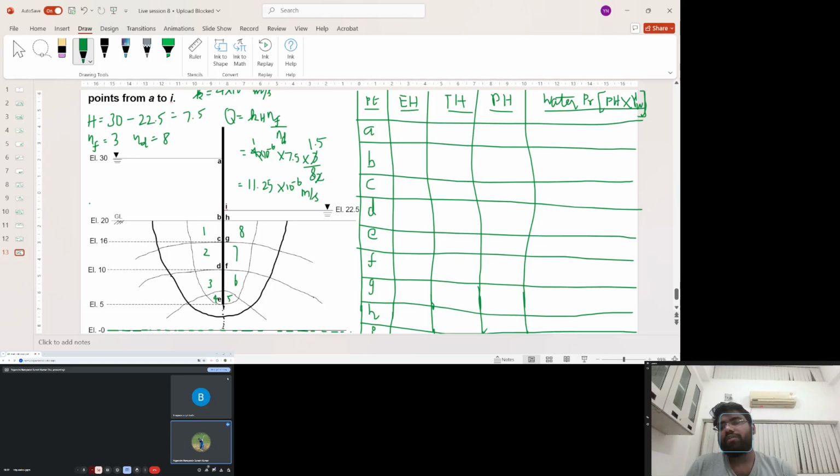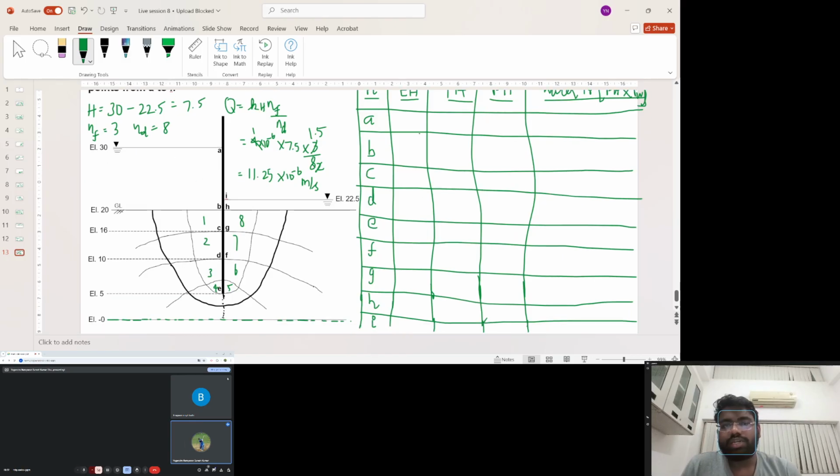The elevation head for A is 30. B is 20. C is 16. D is 10.